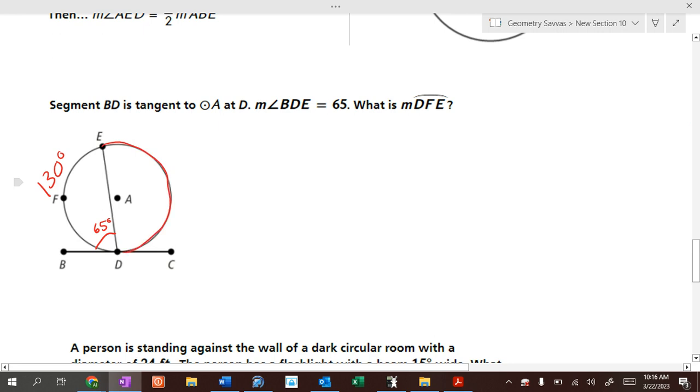This arc over here. How big is that arc going to be? 230, because they have to add up to 360. So this is 230 degrees. So what's this angle over here going to be? 115. Take 115 plus 65. What do you get? 180. You have a straight line. All straight lines are 180. See how this all starts to work together and make sense?